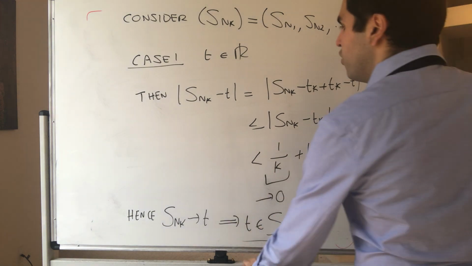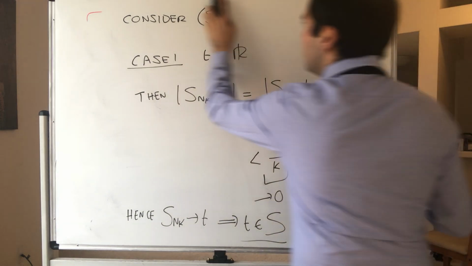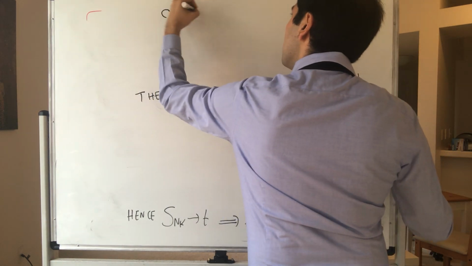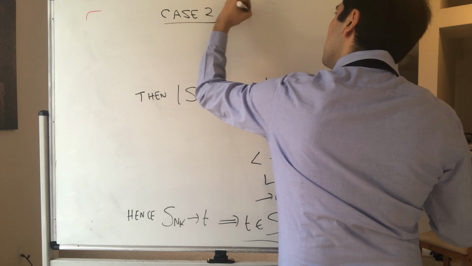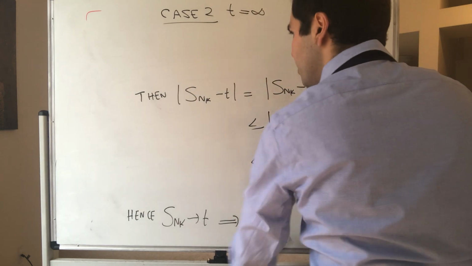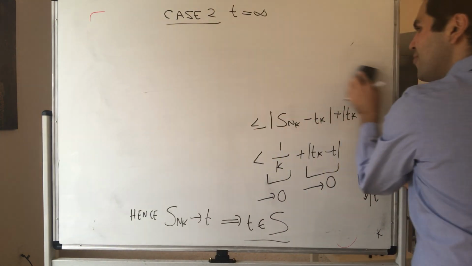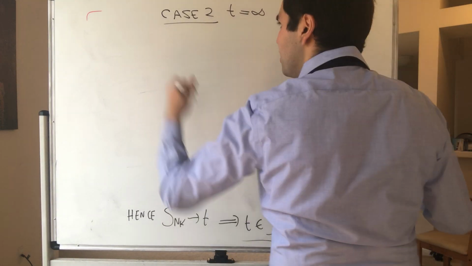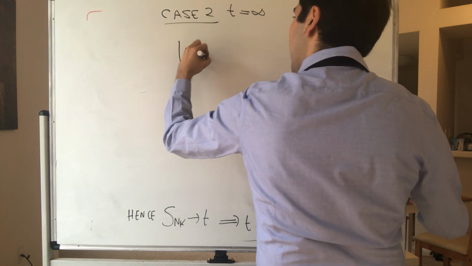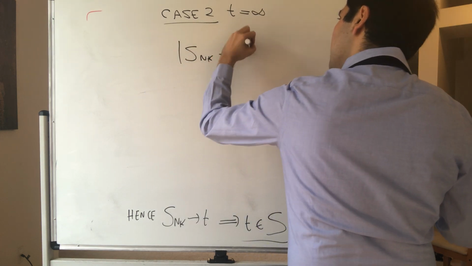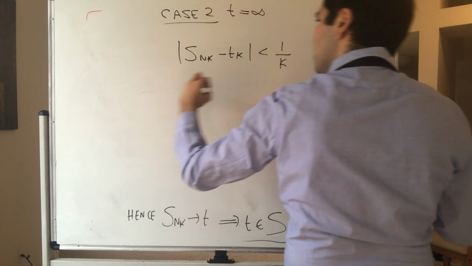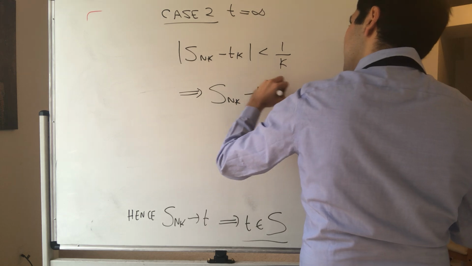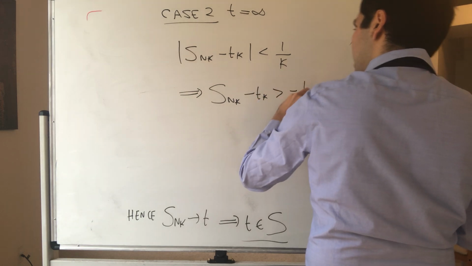And then for the other cases, it's similar. So if T is infinity, well, we can't use this triangle inequality trick anymore because we can't compare Snk and infinity. But here's the thing. We still have |Snk - Tk| less than 1 over k. So in particular, Snk - Tk is bigger than -1/k.